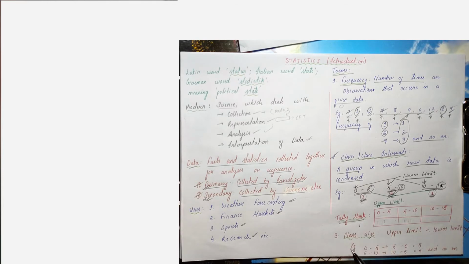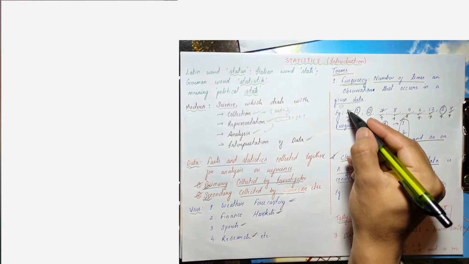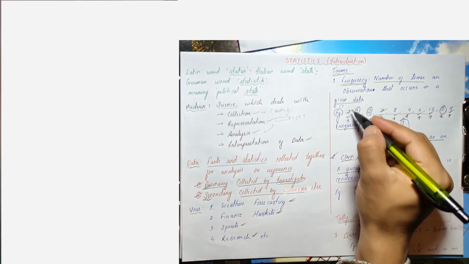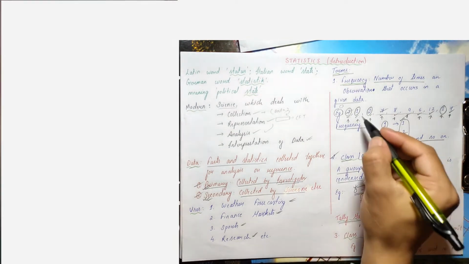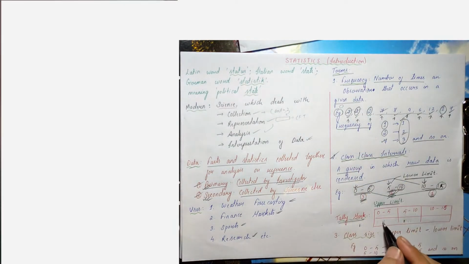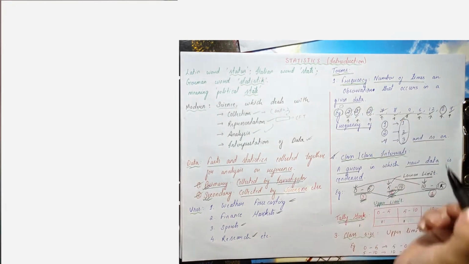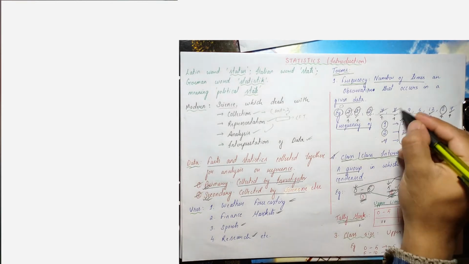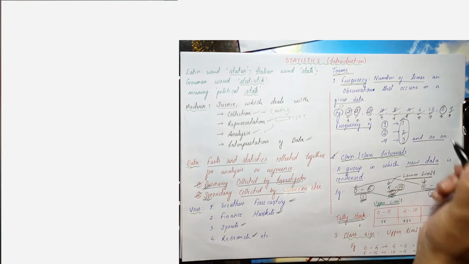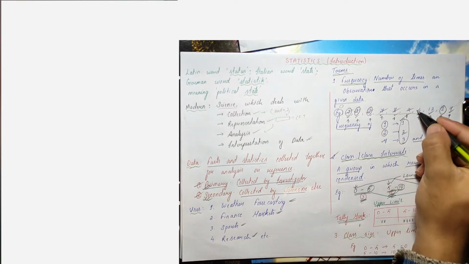Let us understand this with an example. For example, this data. So the first value is 7. Now 7 belongs in this group, that is 5 to 10. So we draw a stick here. 1 belongs here, 2 belongs here, 7 belongs here, 8 belongs here, 9, 6.